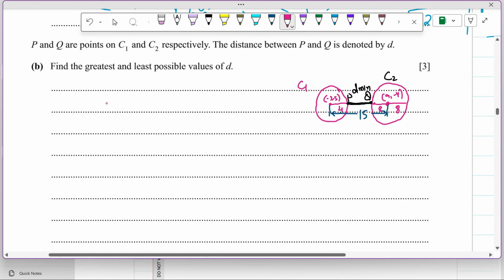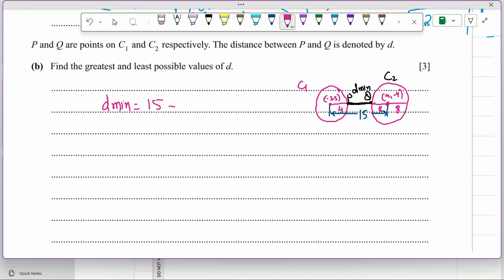So D minimum is equal to 15 minus 4 minus 8, which is 3 units. This is the smallest possible distance between P and Q.